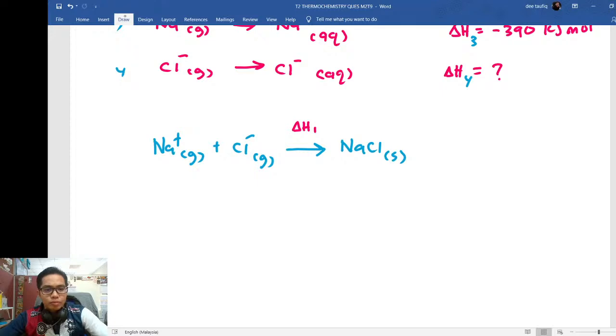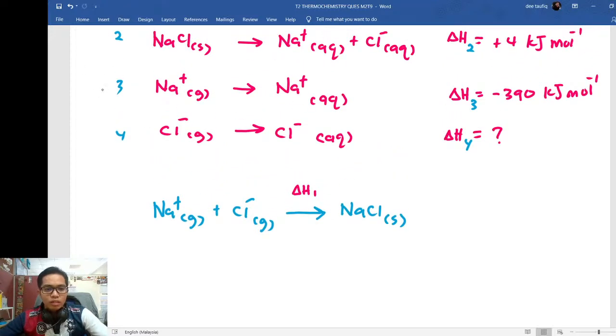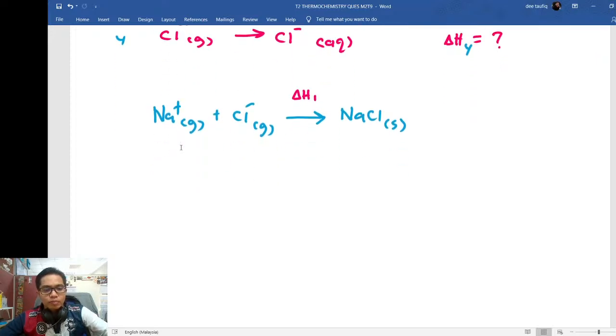Next one. Okay. If you look at equation 3, we start with Na plus gas as well, similar to the first equation. So you straight away use the third chemical equation. So Na plus gas going down will produce Na plus aqueous.